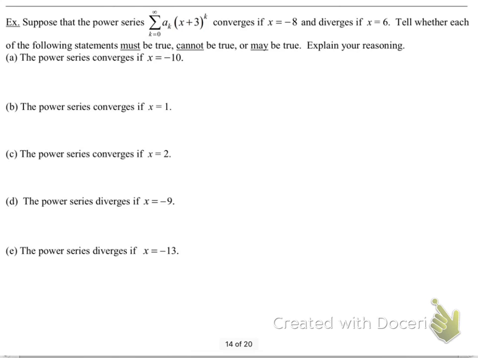If you look, the center of convergence in this power series is at negative 3. And all we know about the radius of convergence, the interval of convergence, is that negative 8 is in that interval of convergence and positive 6 is not.